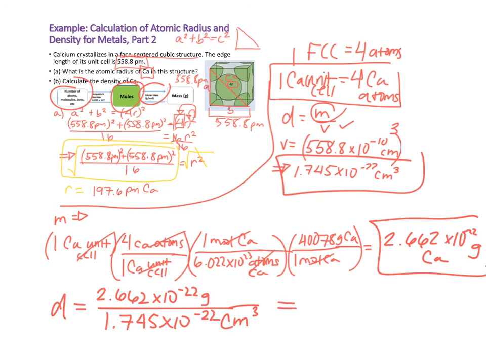From this, when you divide this out, also, if I were you, just to make it easier to plug it in, I would notice that the times 10 to the negative 22 cancels out. So you can just type in 2.662 divided by 1.745 into your calculator, and you should get 1.53 grams over centimeters cubed. So that is our density for this calcium face-centered cubic structure.